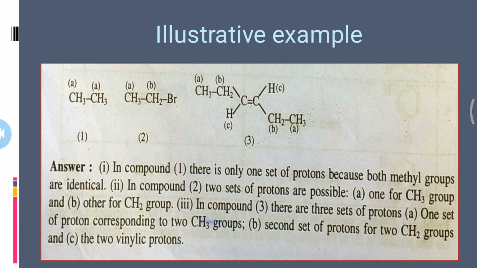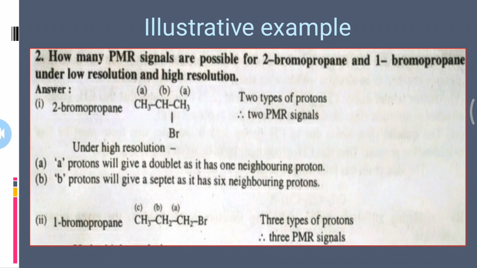One set of protons corresponds to the two methyl groups, B set of protons for the two CH2 groups, and C is the two vinylic protons. So in this problem, three signals are observed in the PMR spectrum.